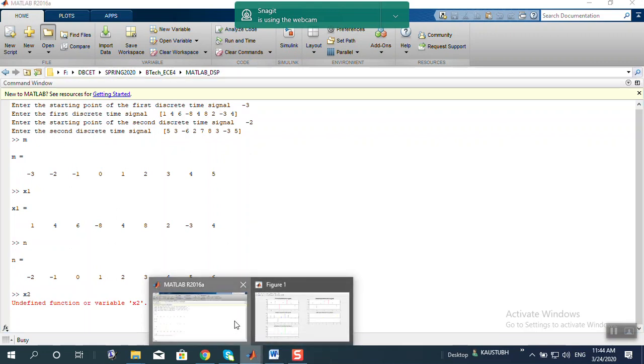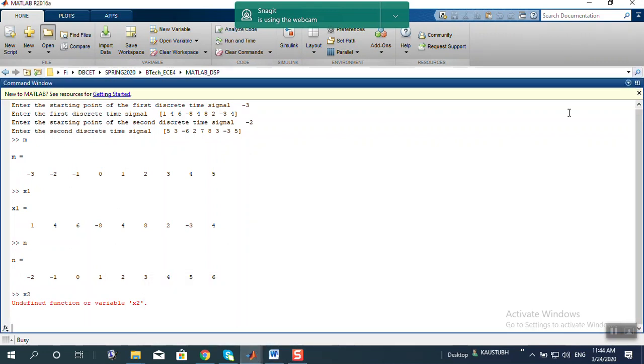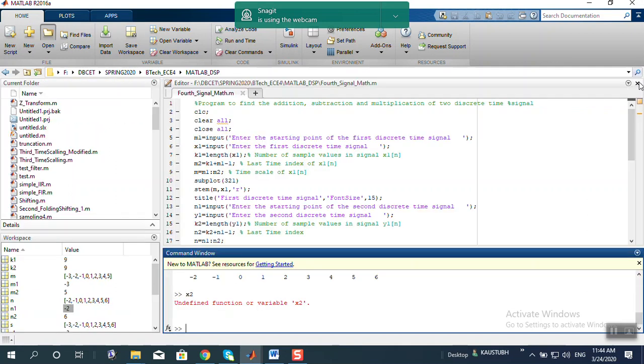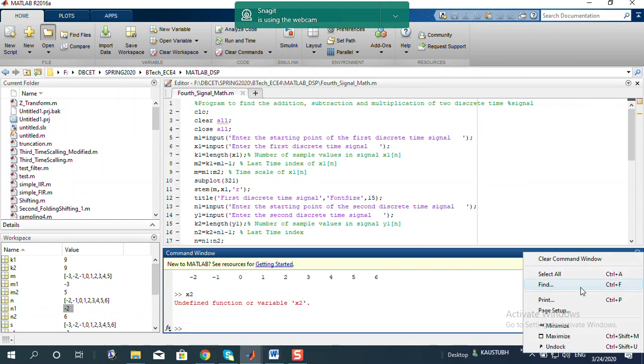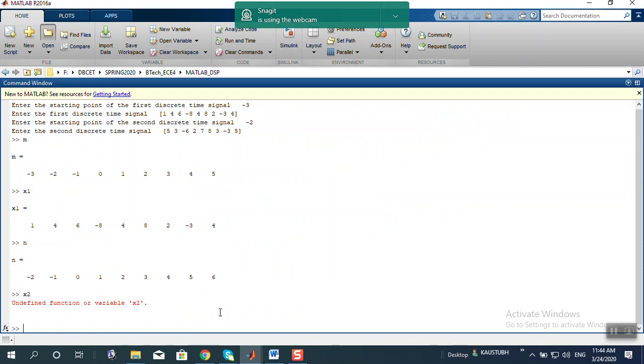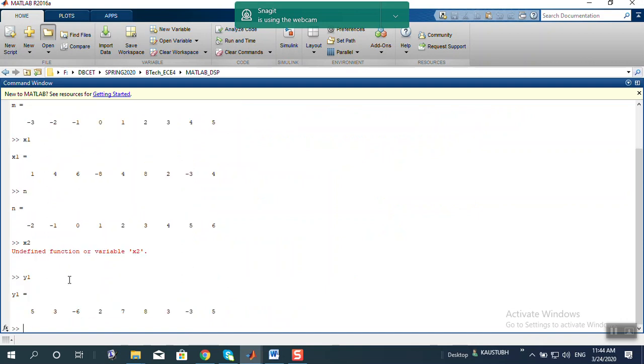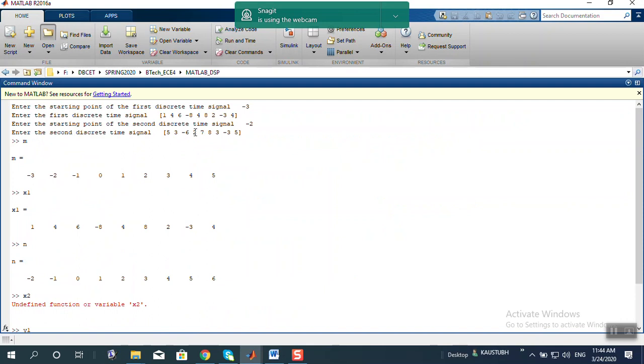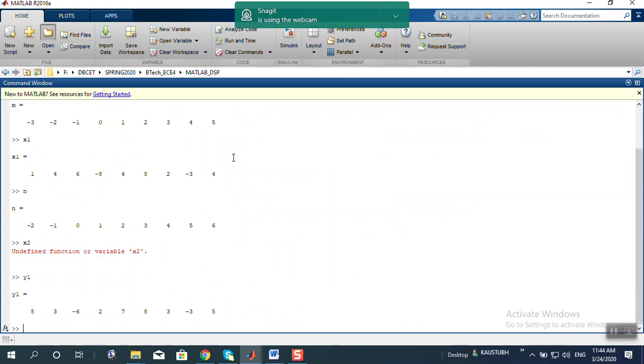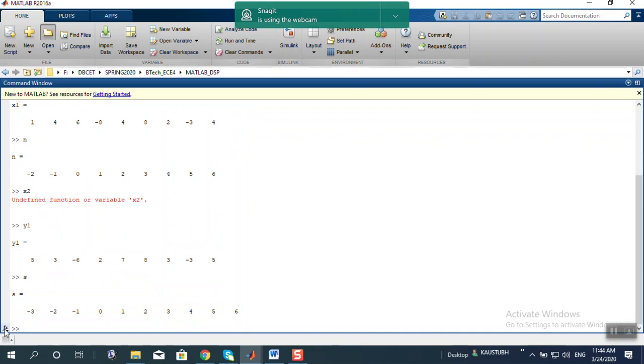It's not x2, sorry, the signal is y1. So y1 is the signal values: 5, 3, minus 6, 2, 7, 8, 3, minus 3, 5. Now the new time scale, which I am considering, is S. S is now minus 6 to plus 6.